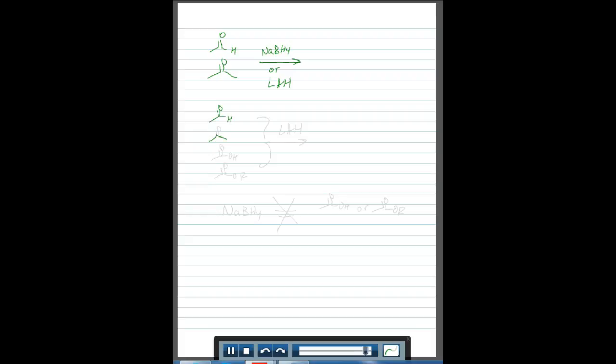Aldehydes, ketones, carboxylic acids, esters, LAH can do it all. All right? Sodium borohydride cannot reduce carboxylic acids or esters. Okay?